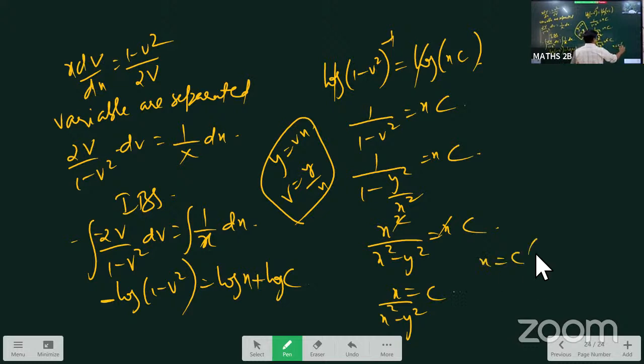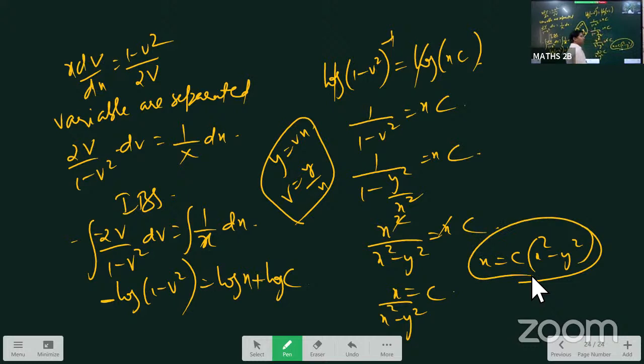Means x is equal to c into (x square minus y square). This is your answer. Is it clear? So most important, homogeneous. Most important homogeneous sum for 7 marks I'm talking about. x equal to c into (x square minus y square). This is your general solution.